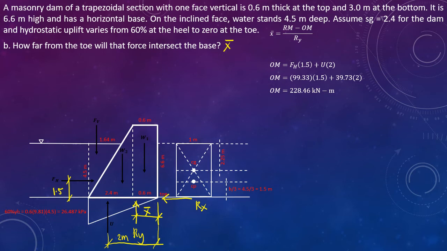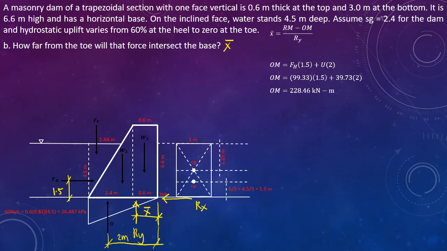And for RM, righting moment, that is the opposite of overturning moment. Righting moment is created by the forces that tend to right the overturning moment.